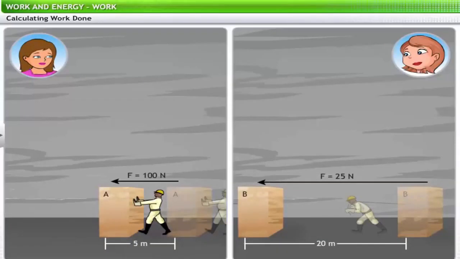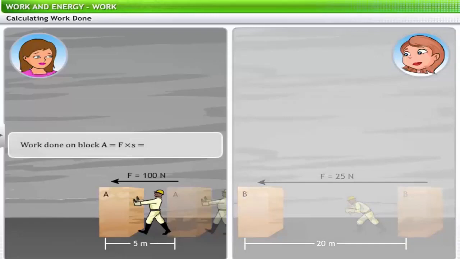Let me see. Even though the force applied and the displacement of the blocks in both the cases is different, the product of the force applied on the blocks and their displacement seems to be the same. Work done on block A is the product of 100 Newton and 5 meters, which is equal to 500 joule.